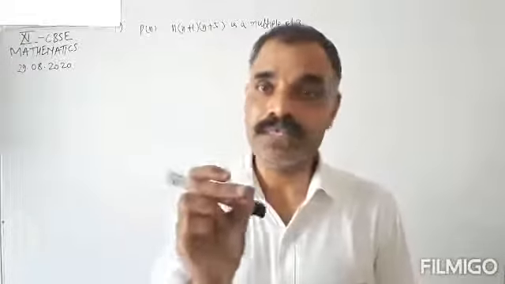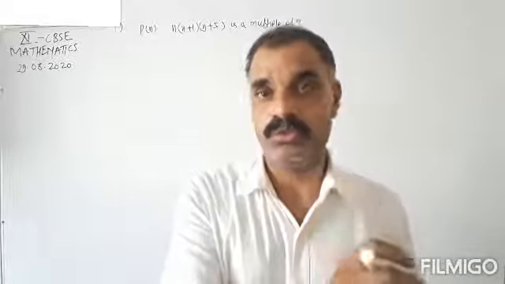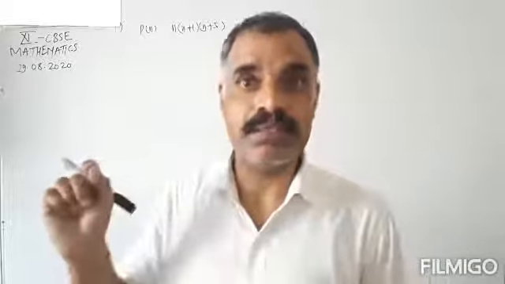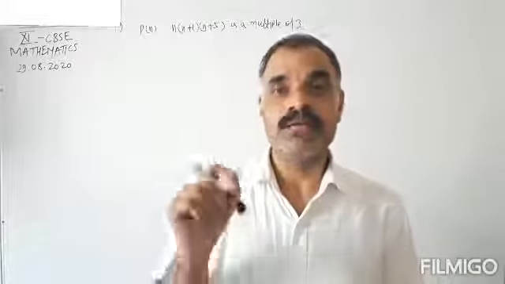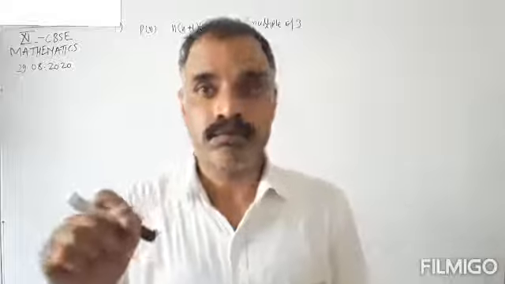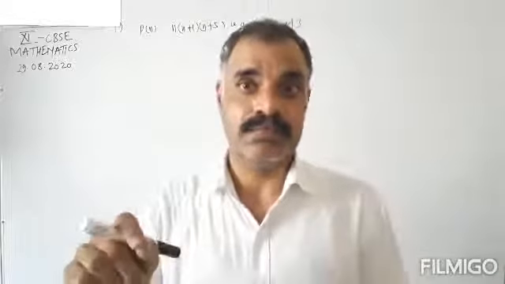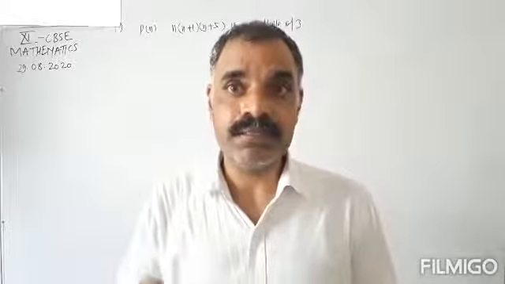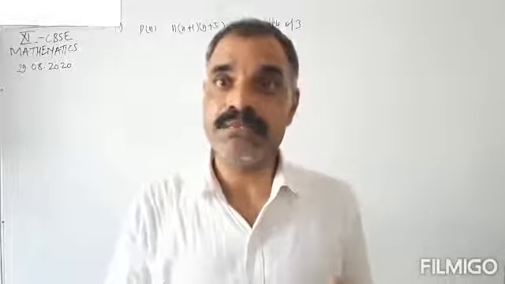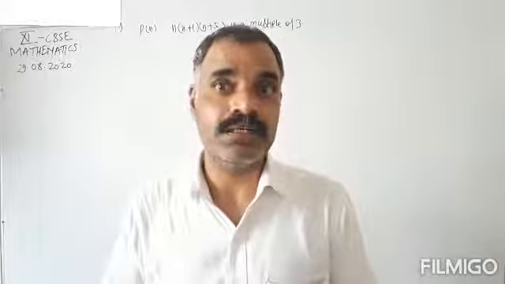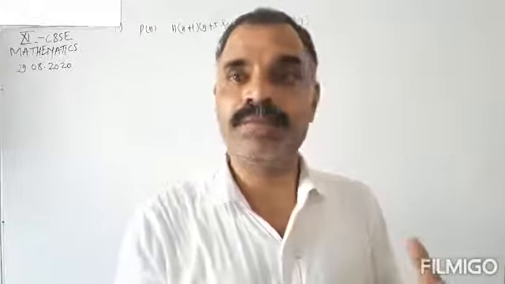N equals to k means a particular term is true for the given mathematical statement. And in the last step, the third step, we prove induction. This is the induction step. In this we prove that the given mathematical statement is true for n equals to k plus 1.